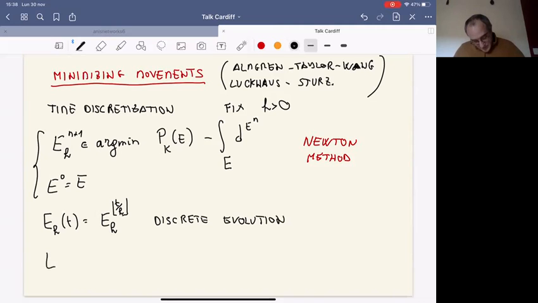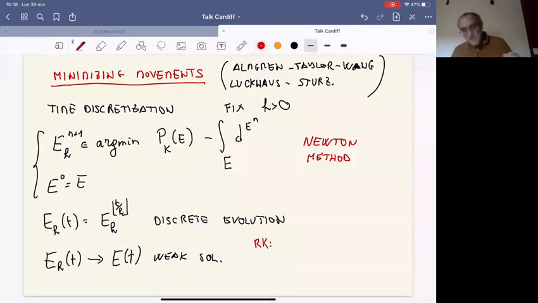And then in general, this will converge, you need some compactness, to some E(t), a weak solution. And notice that automatically, since you minimize the perimeter with the penalization, the perimeter of each E_h, and then also of my limit solution, is decreasing.